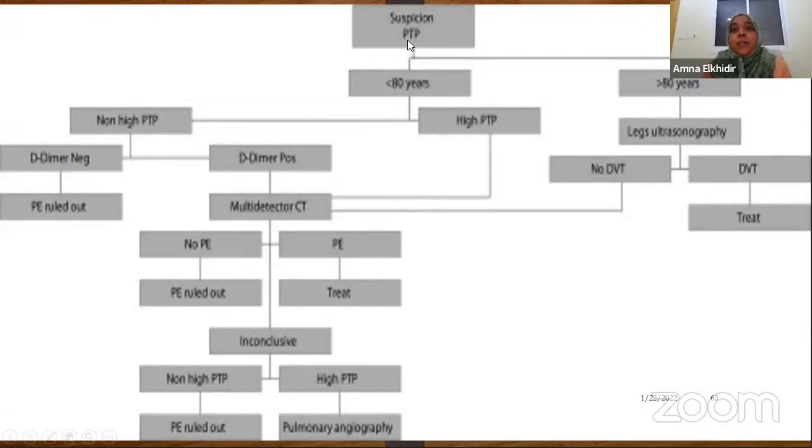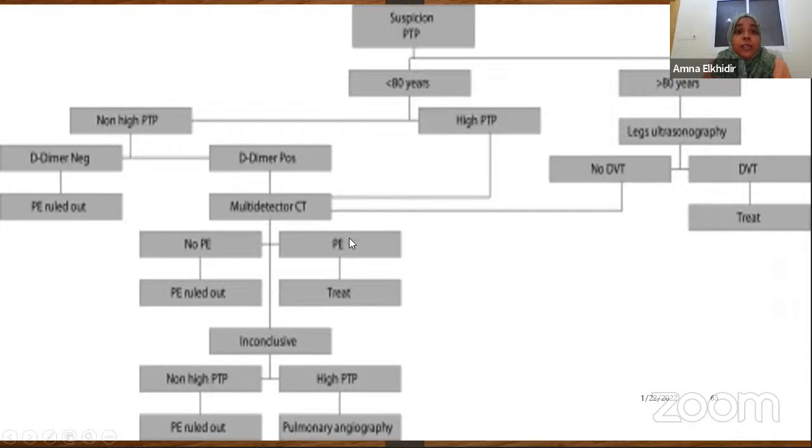Here, this diagram illustrates the diagnostic steps. If there is suspicion, if the patient's age is less than 80 years and there is high probability of having PE, we go for CT. If he has low probability of having PE, we measure the D-dimer. If it is negative, PE is ruled out.